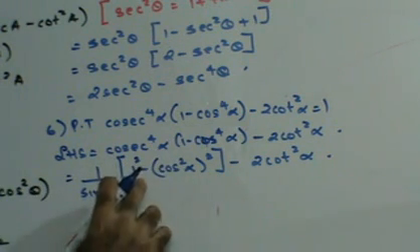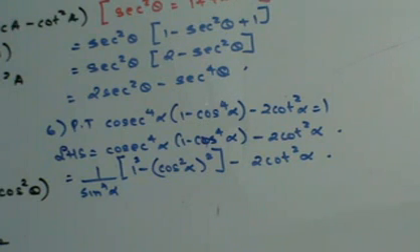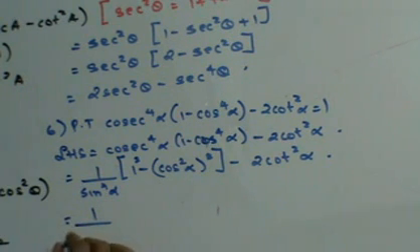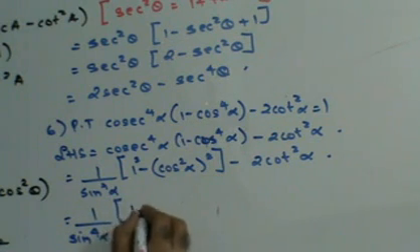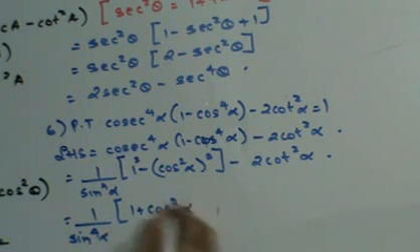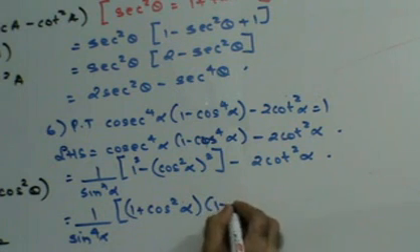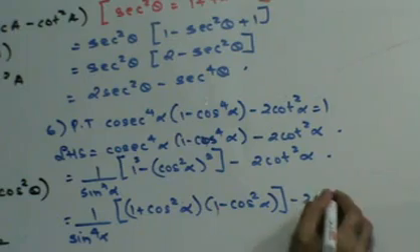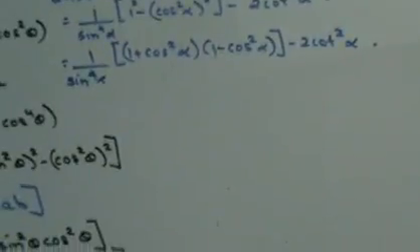This is in the form a squared minus b squared. A squared minus b squared is (a plus b) into (a minus b). So this is 1 upon sin^4 alpha, going to be (a plus b) into (a minus b), minus 2 cot^2 alpha.